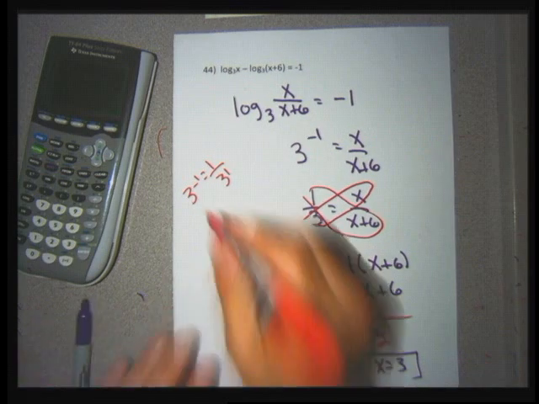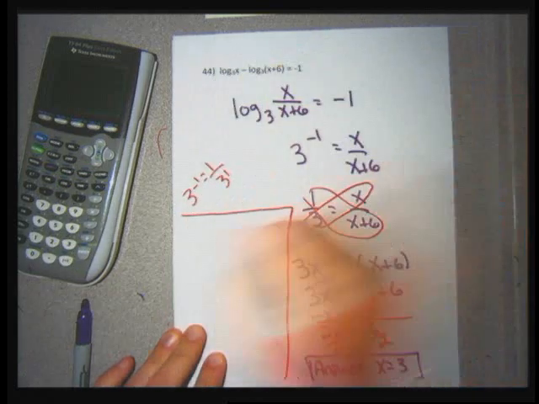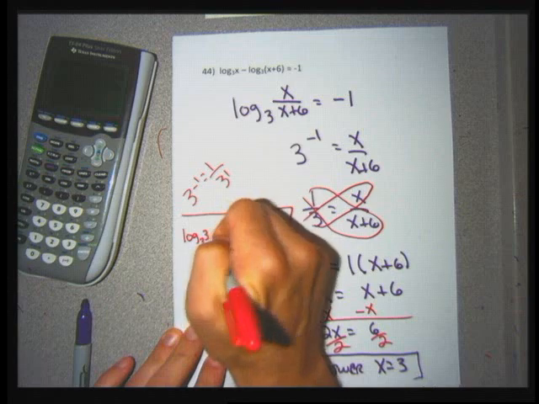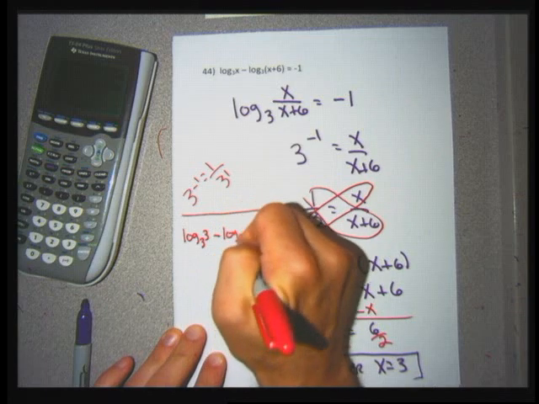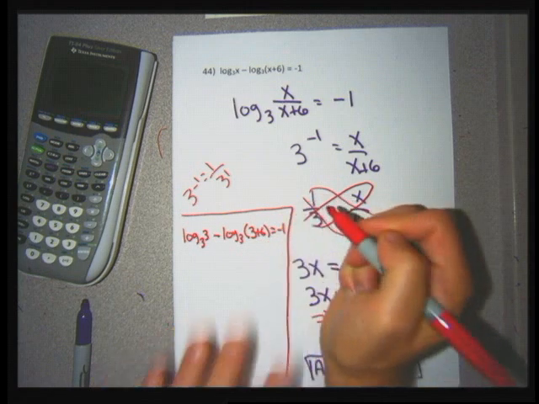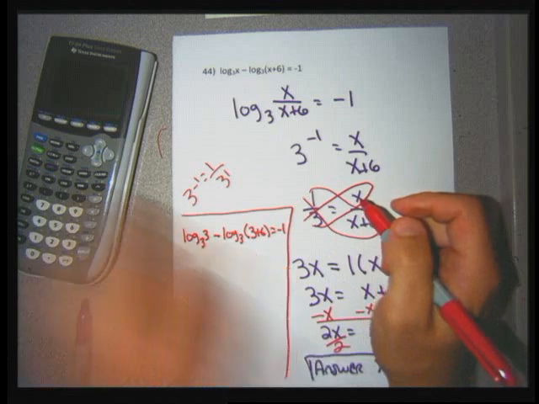Cumbersome to check, so I'm going to do this checking slow. In the original problem, if I did this, the log base 3 of 3 minus the log base 3 of 3 plus 6, that should be -1. Let me do each logarithm separately because it's too hard to do this whole left side in one big computation.